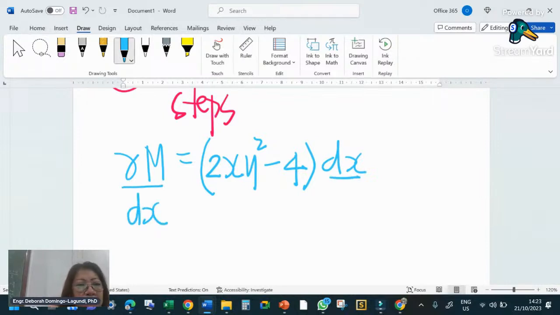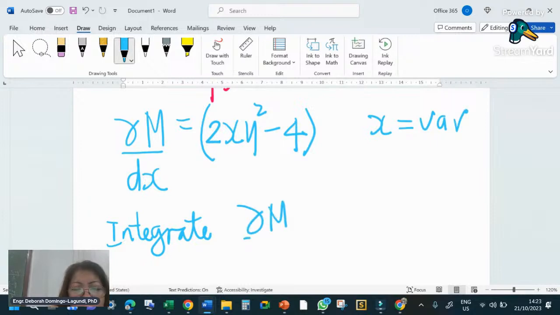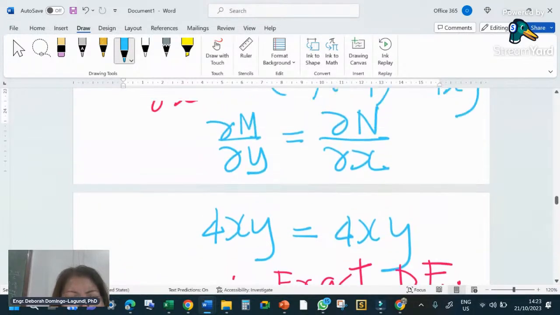Divide everything by x. Okay? So what does it mean? It means that your x is a variable. So we're going to integrate. So next one is to integrate partial m over dx. What is this partial m over dx?